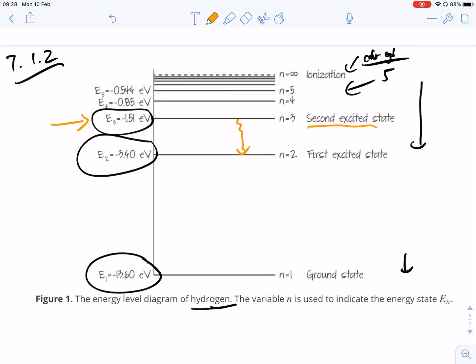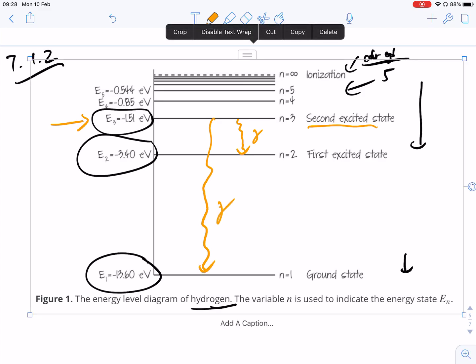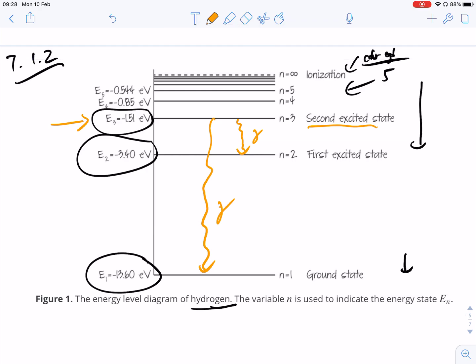It can give off a photon, and it can change states. It can also go directly to the ground state by giving off another photon with even more energy. And so it's got 2 ways that it can change states. It can go directly to the ground, or it can go to the second one.